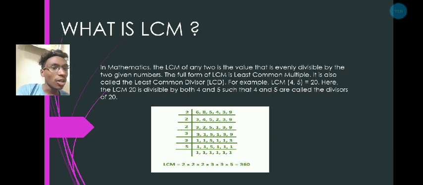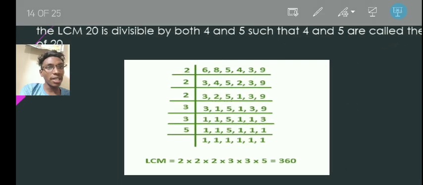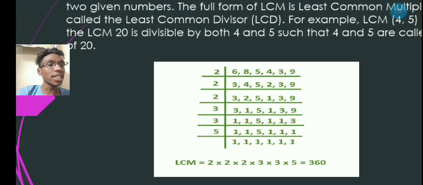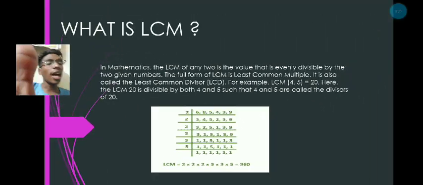For example, for 6, 8, 5, 4, 3, 9, the least common multiple is 2 cubed into 3 squared into 5. We have 360. This is the least common multiple of 6, 8, 5, 3, 9, 4.